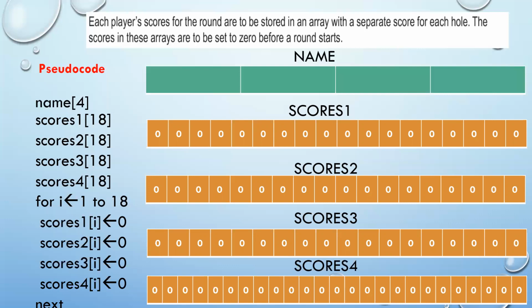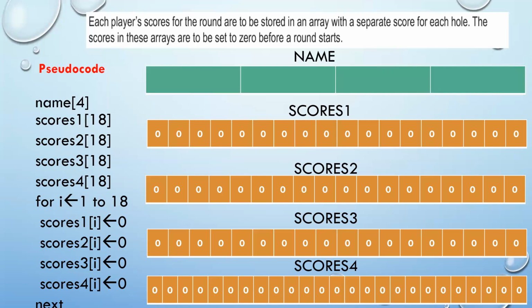For that purpose, I'm using a for next loop where the loop starts from 1 and ends on 18. Please note, I'm assuming that the index position starts from 1. Now, if you are programming it in a particular language, it could start from 0 or it could start from 1, depending on the language you have chosen to program in. But right now, I'm assuming the index position from 1.